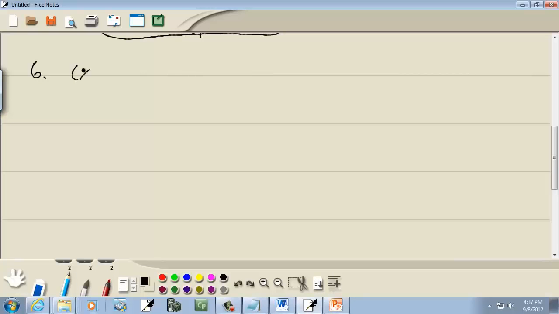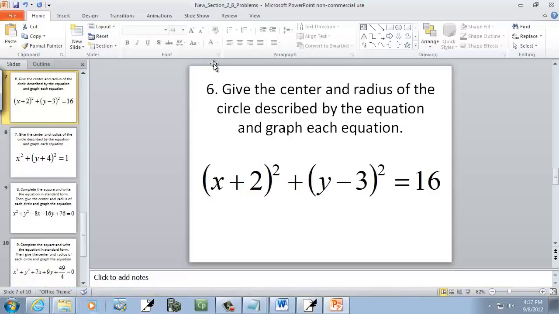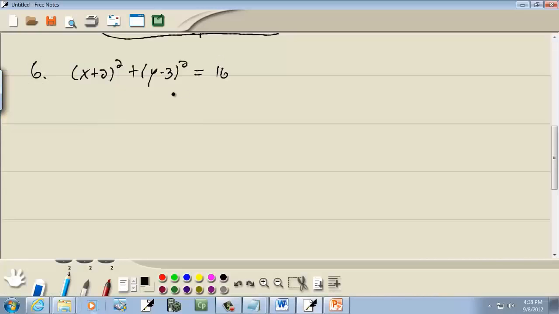Okay, so we got (x + 2) squared plus (y - 3) squared equals 16. That says give the center and radius of the circle described by the equation and graph each equation. Well, this is already in standard form. We got x plus or minus a number squared. We got y plus or minus a number squared. So this is going to be our h, and it's always going to be opposite sign.